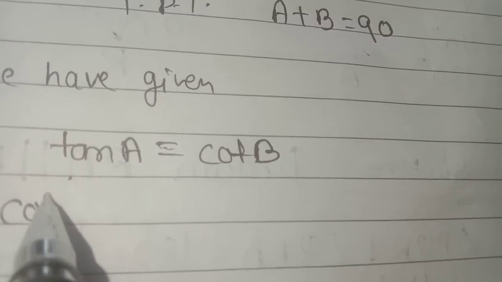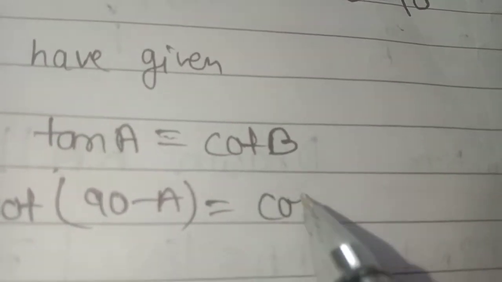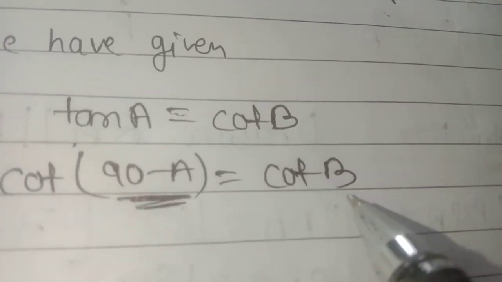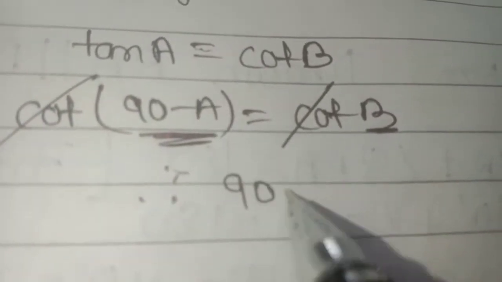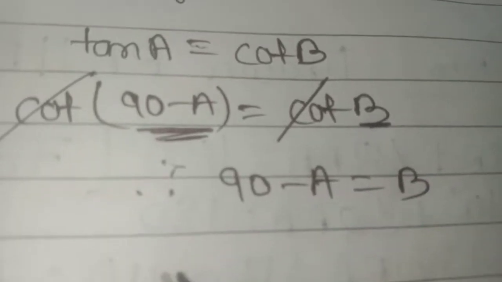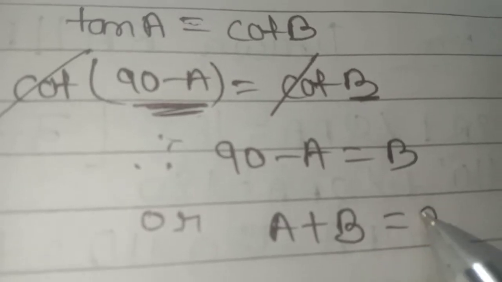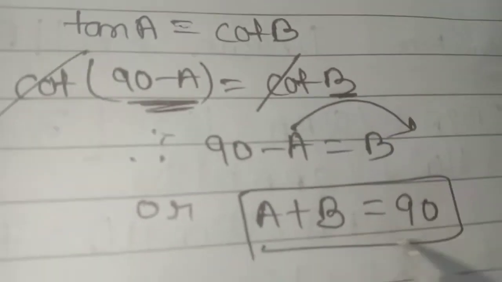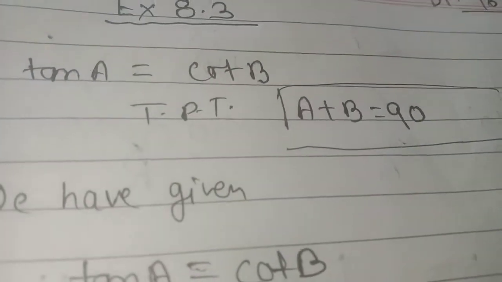So what I will write here, cot (90 minus A) is equal to cot B. So now the value of 90 minus A is equal to the value of angle B. So I can cancel cot and cot simply. So what I will get, 90 minus A is equal to B, or I can write A plus B is equal to 90. What I did, I just transferred minus A towards the right side, so I got my requirement, A plus B is equal to 90.